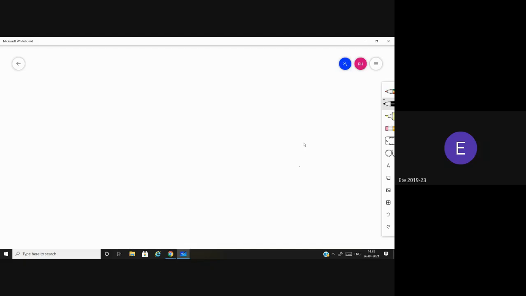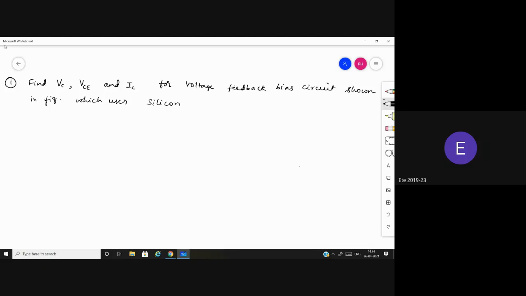Okay, now let us solve some problems based on this. So the first one is, they're asking to find VC, VCE and IC for the voltage feedback bias circuit shown in the figure, which uses a silicon PNP transistor.